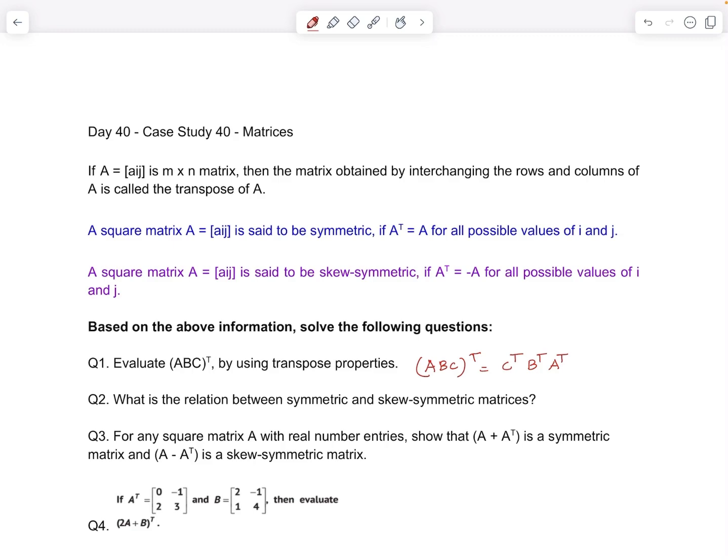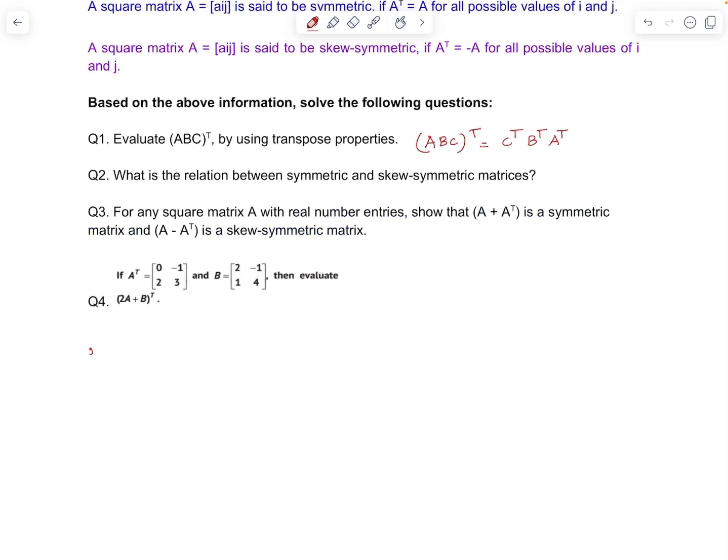Second question, what is the relation between symmetric and skew symmetric matrices? Every square matrix can be written as a sum of symmetric and skew symmetric matrix. That is, let us take A as the given matrix.